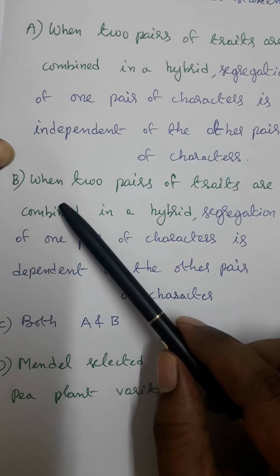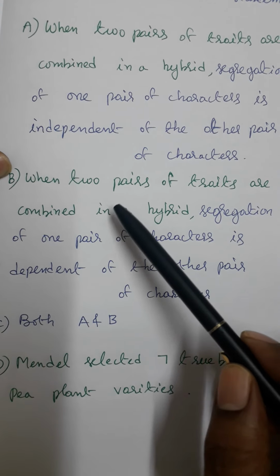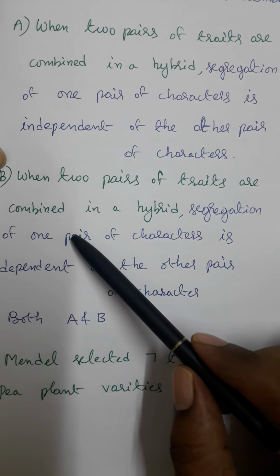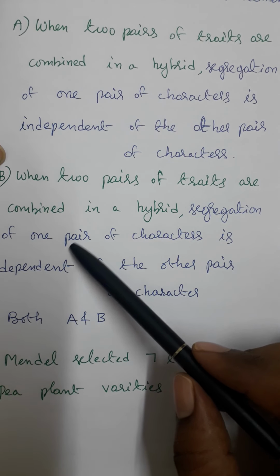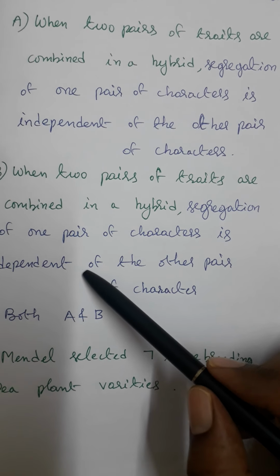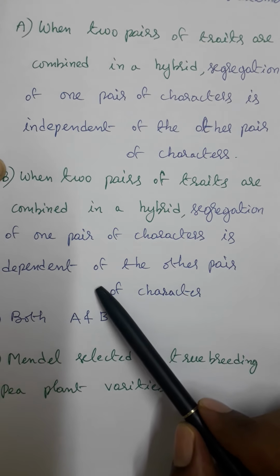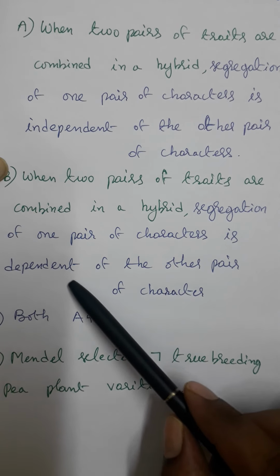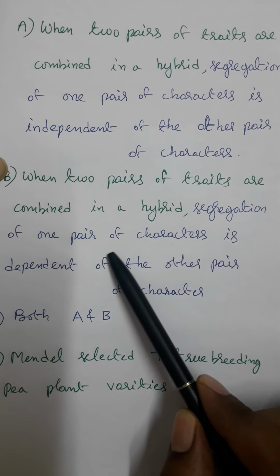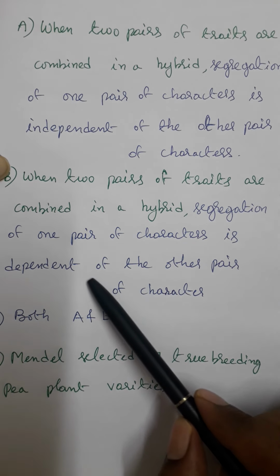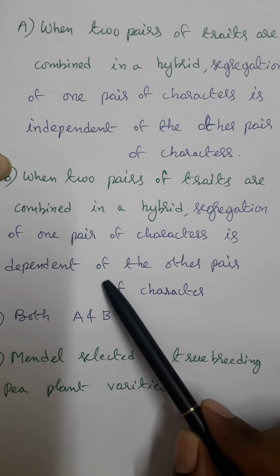Why is B incorrect? As per the law of independent assortment, segregation of one pair of characters is independent of the other pair of characters, but in the given option it is dependent.